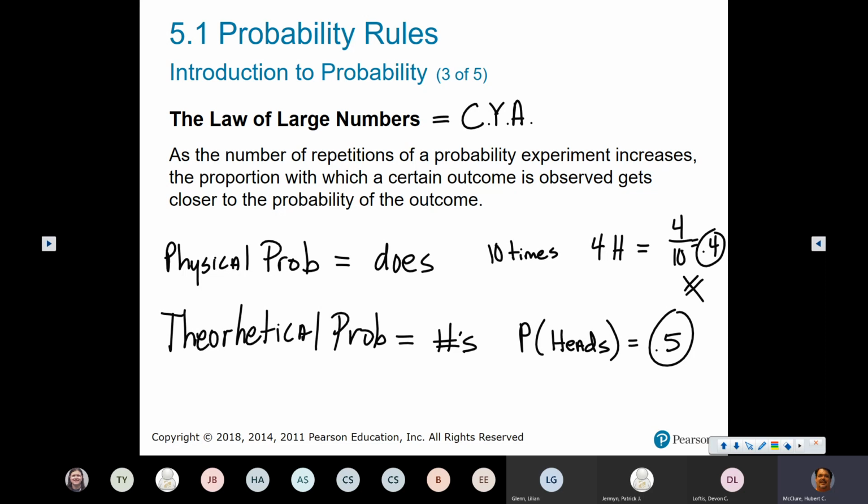So remember that. Now I see something in the chat. Make sure nobody's got a question. Okay, good, Miss Strickland, 4 out of 52. And she doesn't have any cards in front of her, so she used theoretical probability. Theoretical is based on the numbers that you know in your head. What is the probability of rolling a 6 on a die?